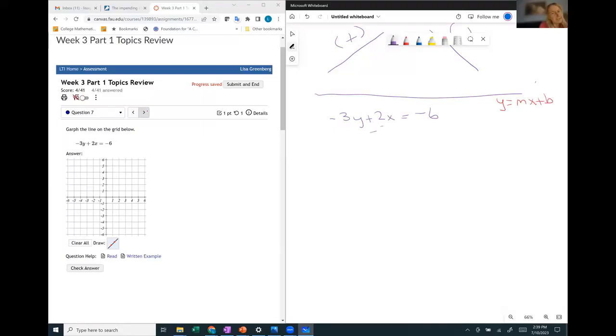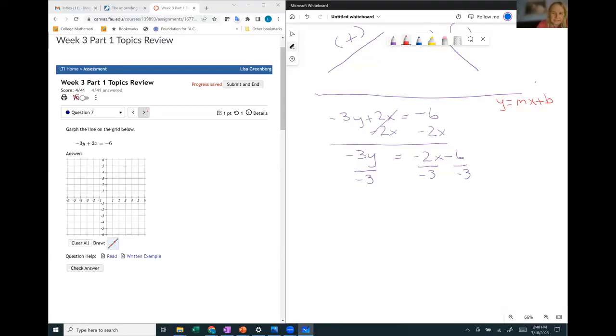So I'm going to subtract 2x from both sides. And I get -3y, these cancel, equals -2x minus 6. Okay? And then I have to divide both sides by -3. I just divide each piece by -3. I don't need to do anything else.